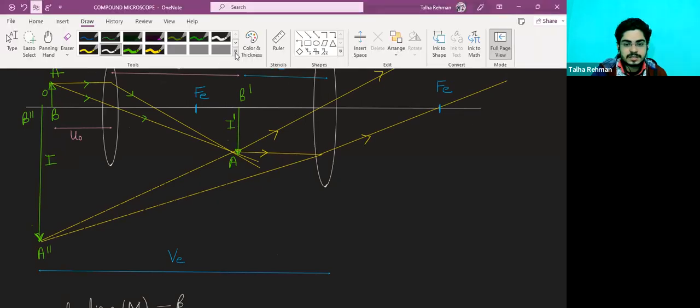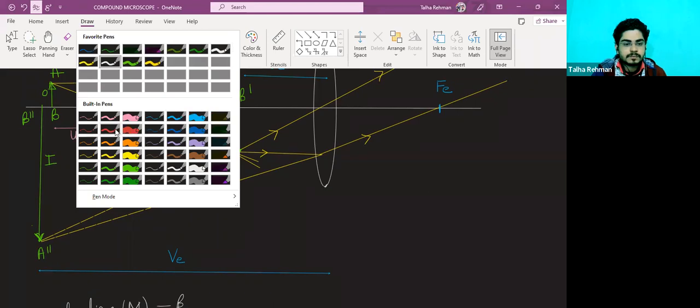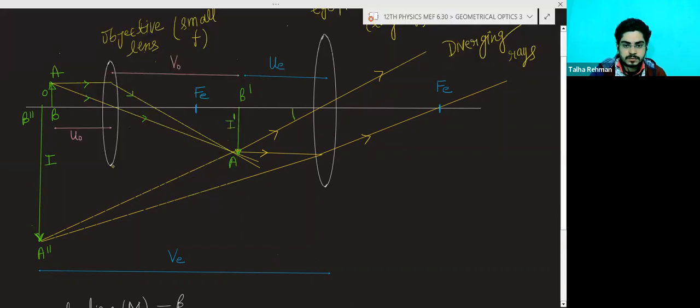We should mark this angle with some color. I think this color will be fine. This angle will be beta. So beta is the visual angle subtended by the final image.